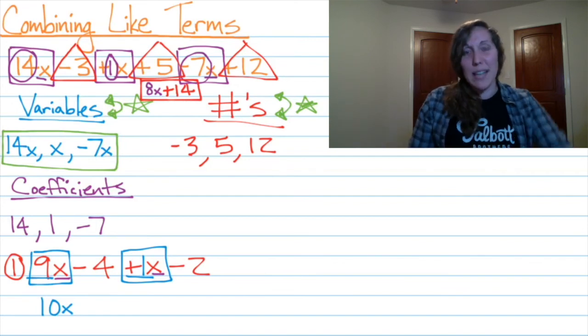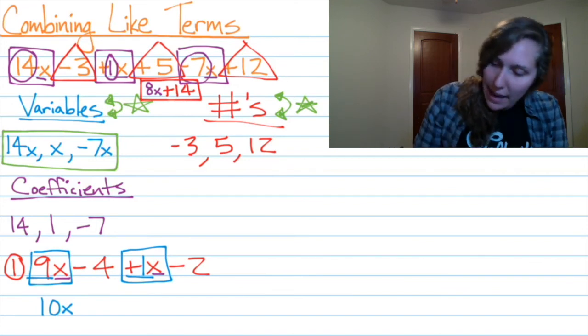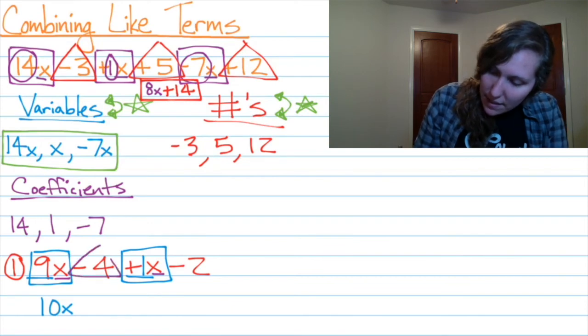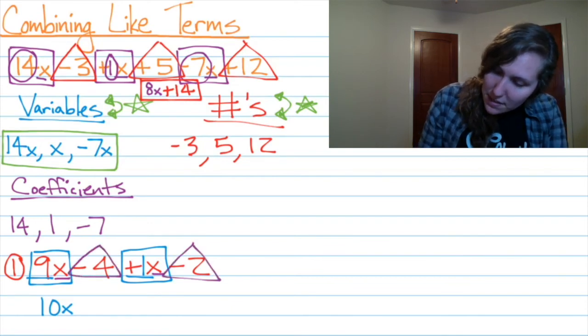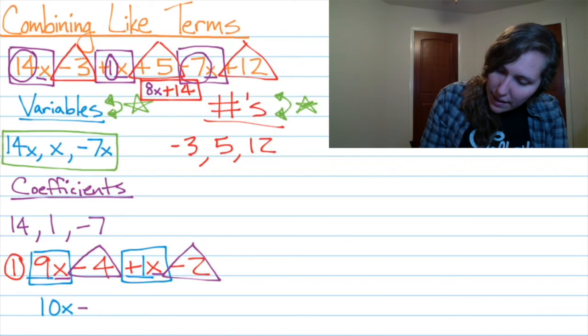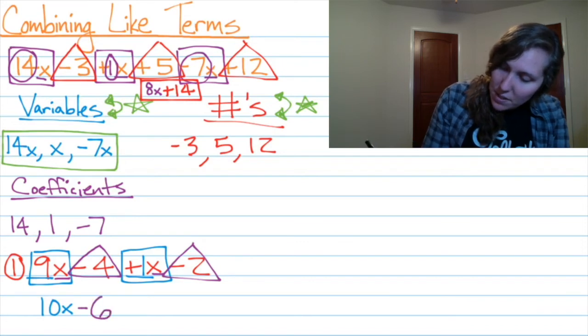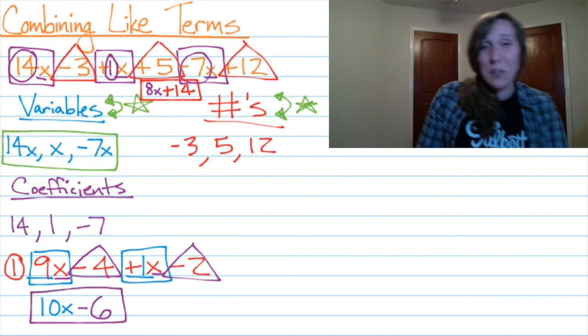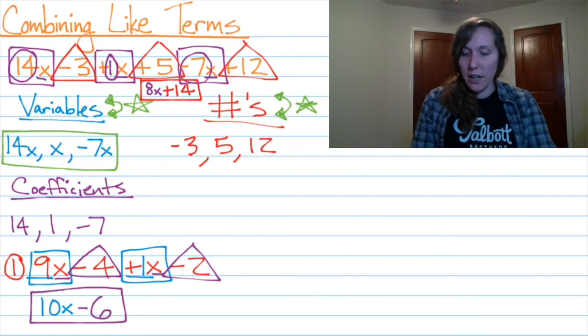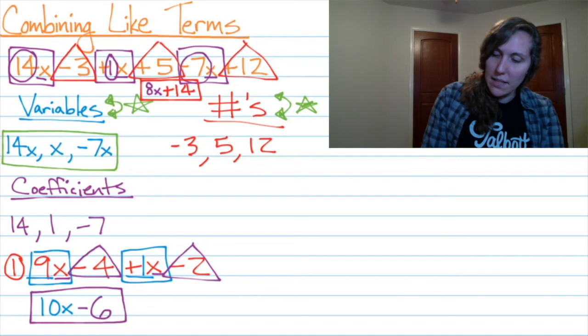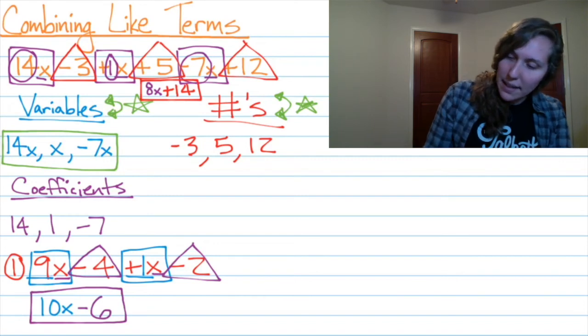And then now we're going to look at these number terms. And negative 4 minus 2 is negative 6. If you're not great with integers, you can just punch that in your calculator to make sure you get the right answer. And that reduces to be 10x minus 6.